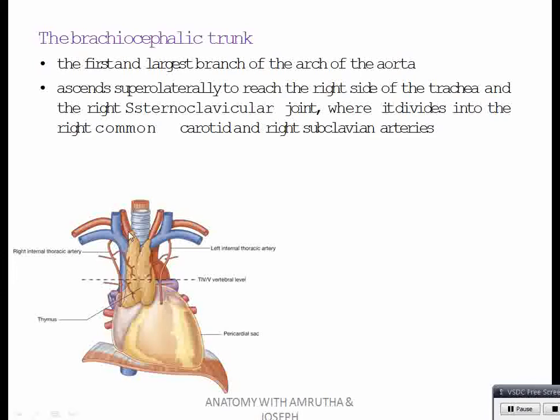So it's also related to the right sternoclavicular joint, that is the joint between the sternum and the clavicle, where it divides into right common carotid artery and right subclavian artery. So brachiocephalic trunk is dividing into right common carotid artery, right subclavian artery.